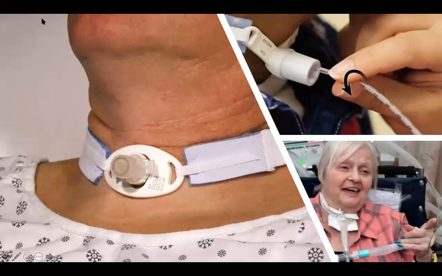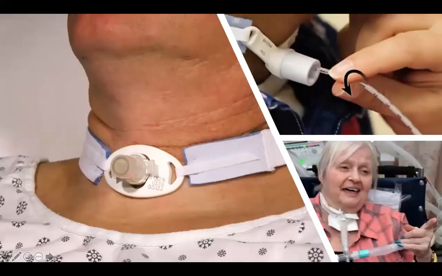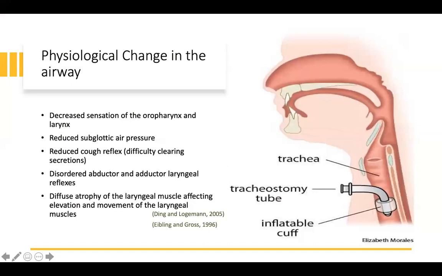In addition, if the air is going through the trach and out of the trach and not going in the upper airway, not creating enough subglottic air pressure to move those vocal folds, then the patient won't be able to phonate.